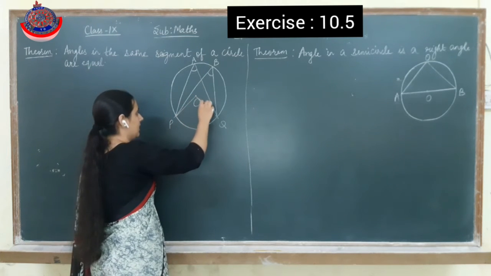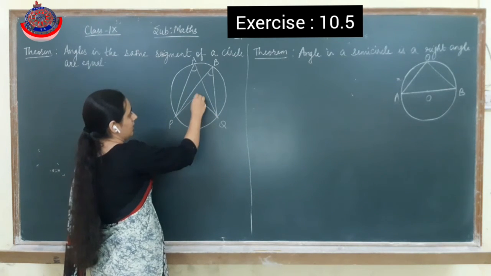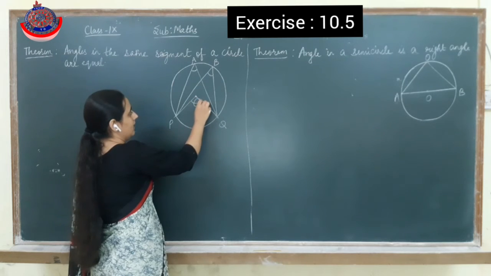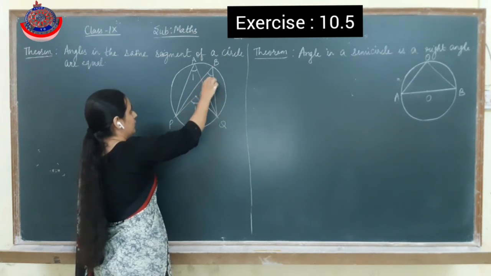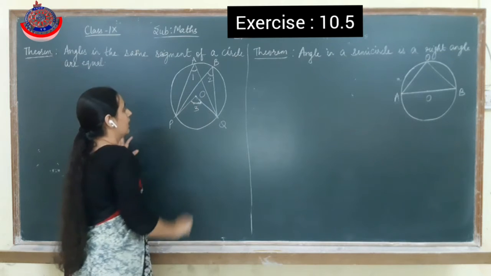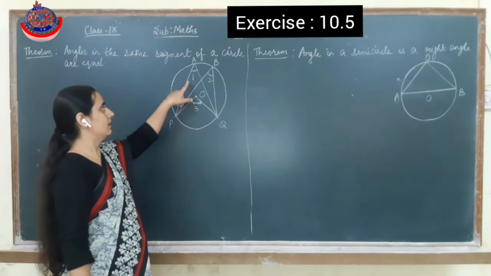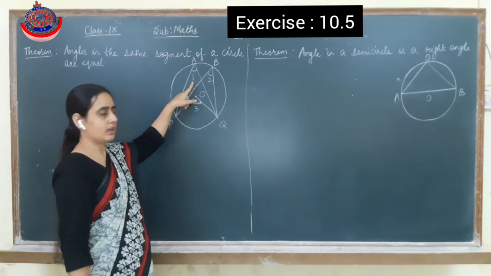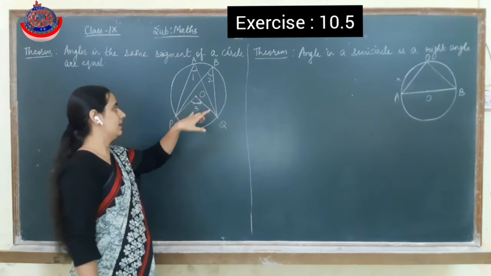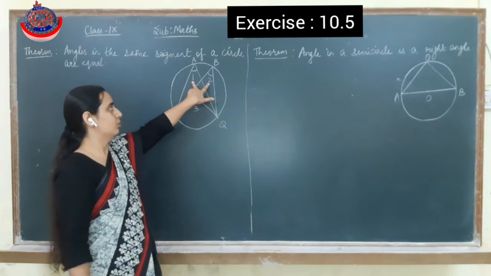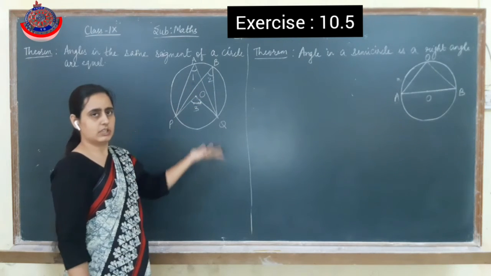See, if I take it as center, let me write this O. Suppose I take it as angle 1, 2 and 3. Now I know angle 3 is double of angle 1 and angle 3 is double of angle 2 also. When it is equal to the double of both, that means they themselves are equal.